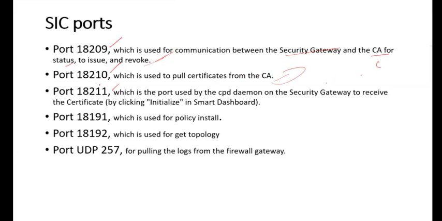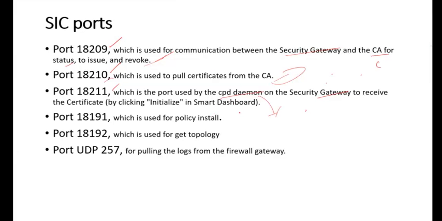At that point of time, port 18210 will be used. The other port, 18211, is used by one of the processes. CPD is one of the processes available in the security gateway to receive the certificate from the management server.